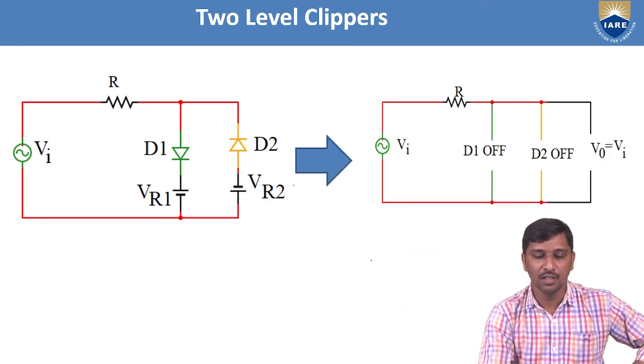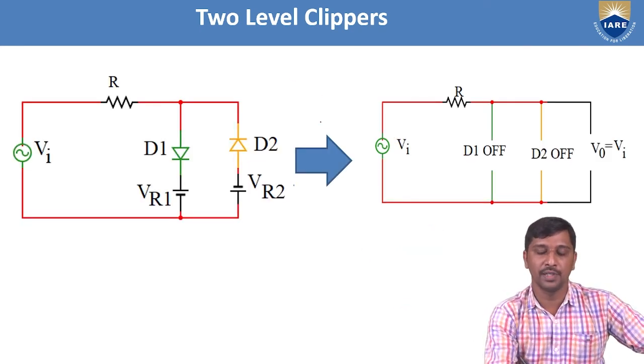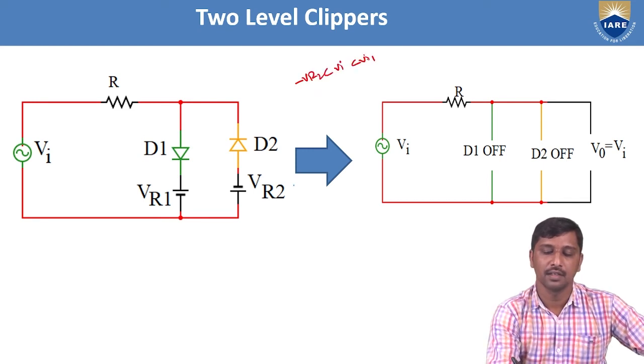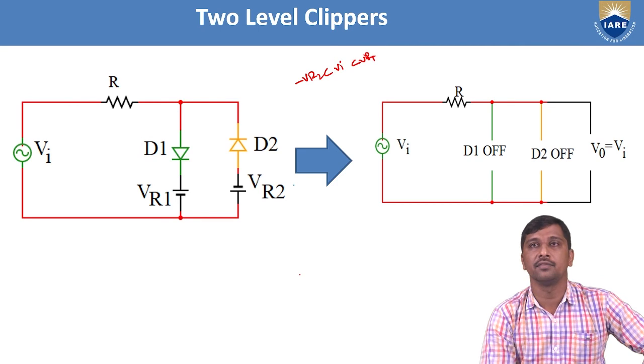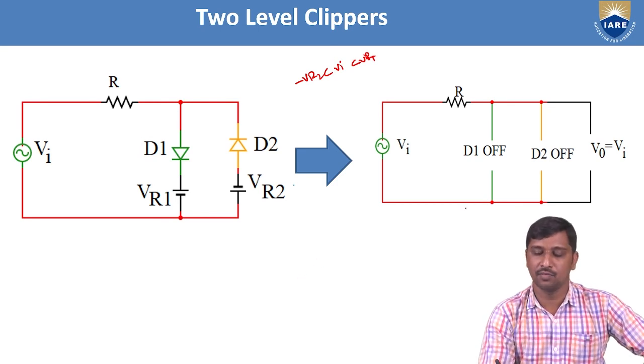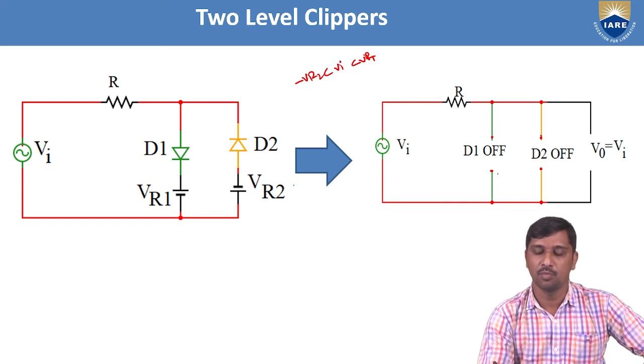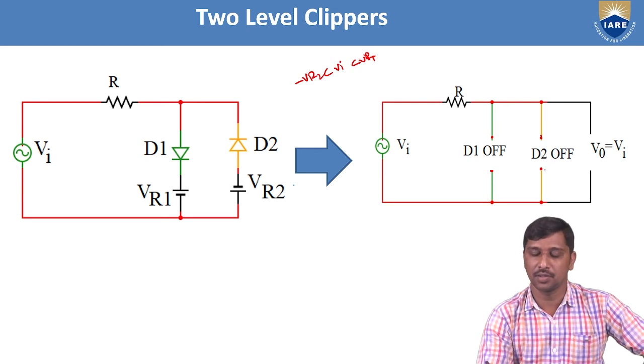If your input voltage lies between minus VR2 and VR1, both the diodes act as non-conducting, hence both are replaced with open circuits. D1 is the open circuit, D2 is the open circuit.